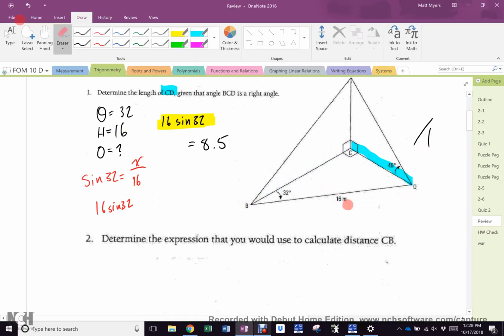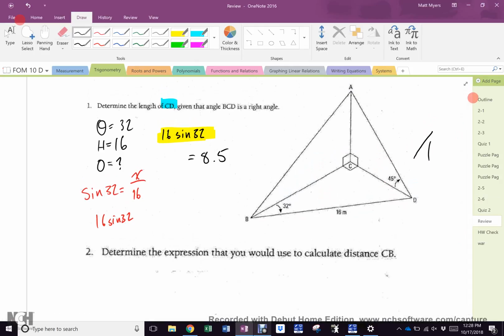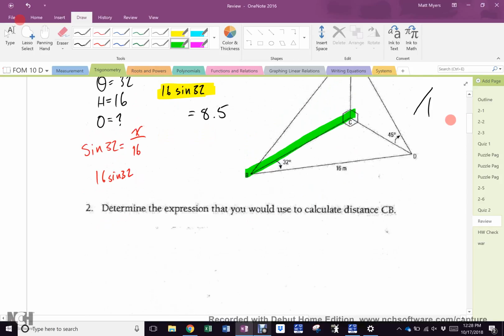Number 2, how will you calculate the distance of CB, which is this line right here? You can do that in many ways. If you hadn't done number 1, you would have done 16 cos 32, and that would get you 1 mark.